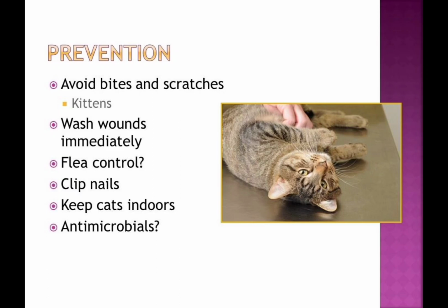Hand washing after contact with a cat may be helpful. Flea control may also be a preventive measure, but this is not certain. Declawing does not appear to affect the transmission, but keeping the nails clipped is suggested by some sources.